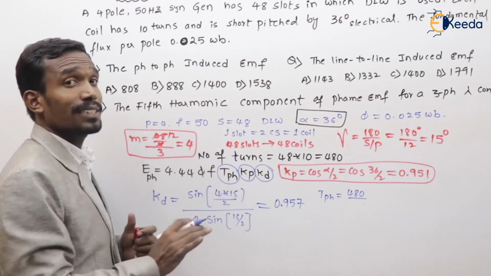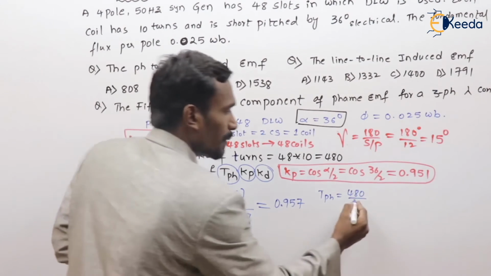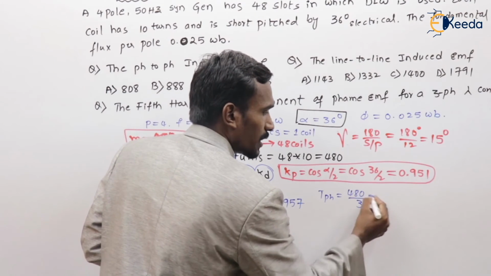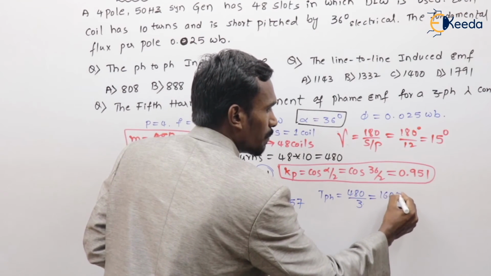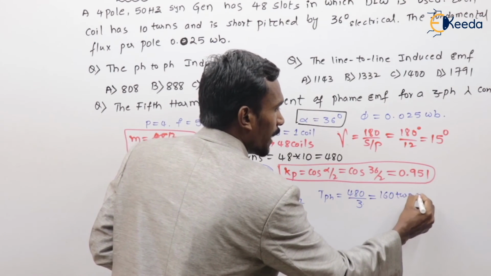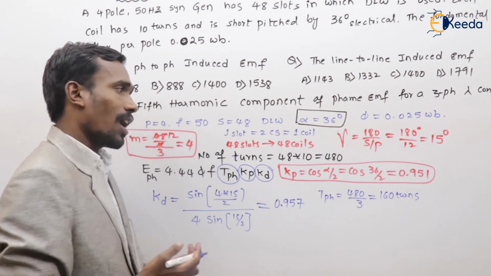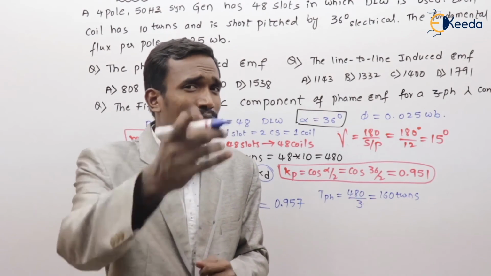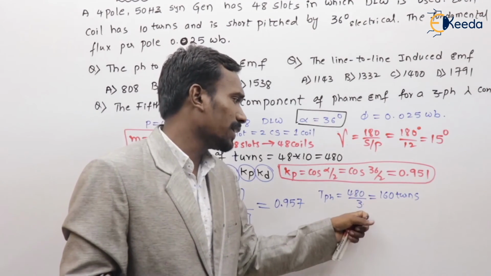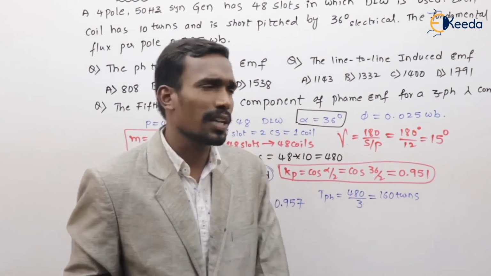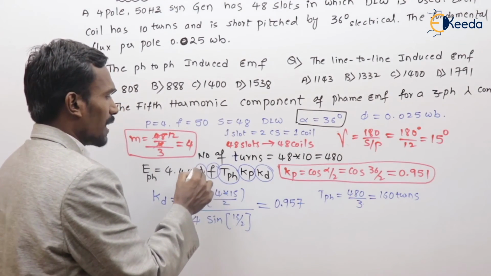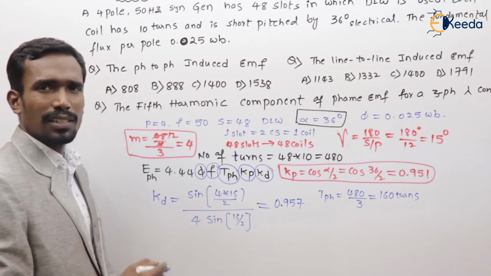That's why, for 1 phase, 480 by 3, we get 160 turns per phase. So I got T phase, frequency 50 Hz, flux they have given, and so on.